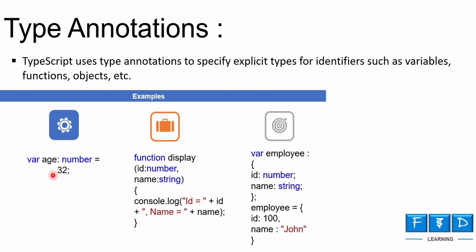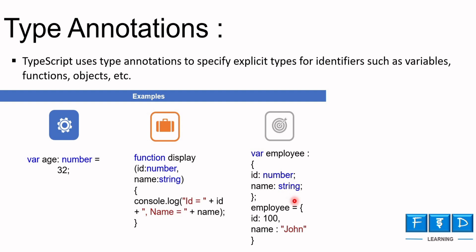You can see in this example, age is a variable, and here we are assigning the type explicitly as a number. In the second example, here is a display function, and we are passing 2 parameters, one is ID and another is name. Here also we have added the types explicitly, ID as a number and name as a string.